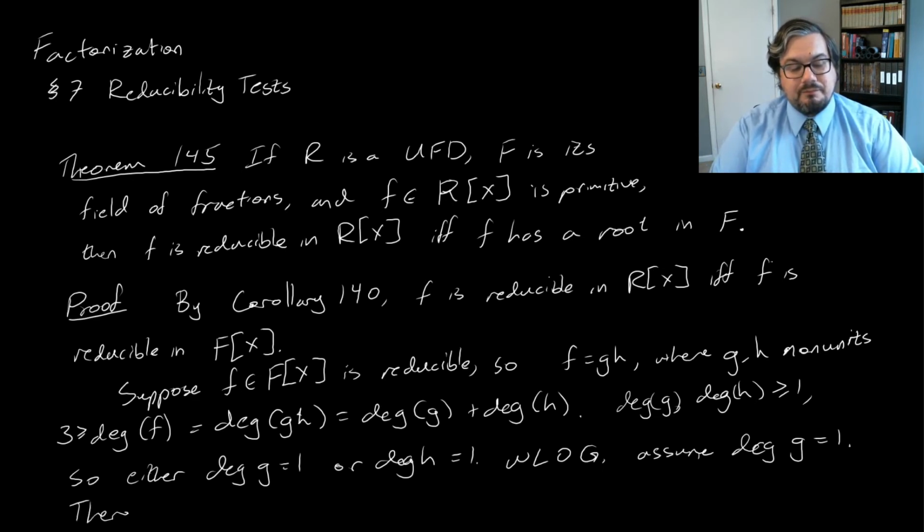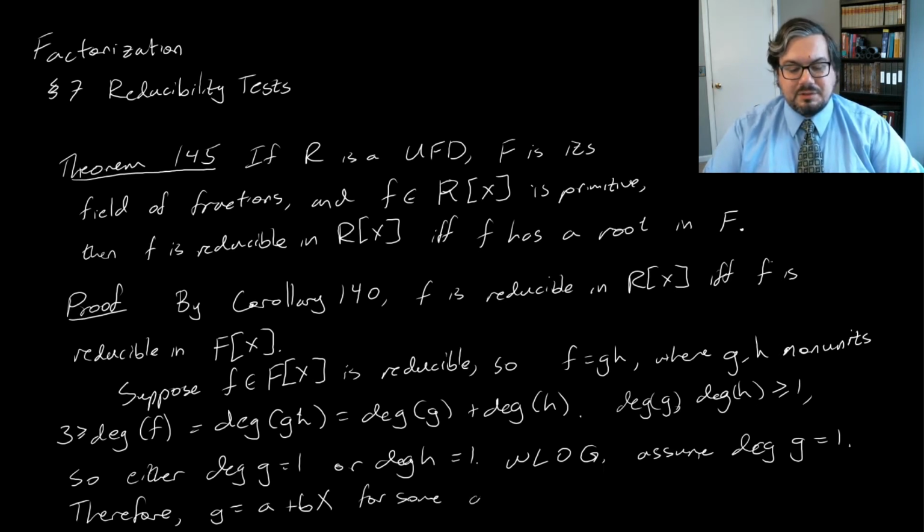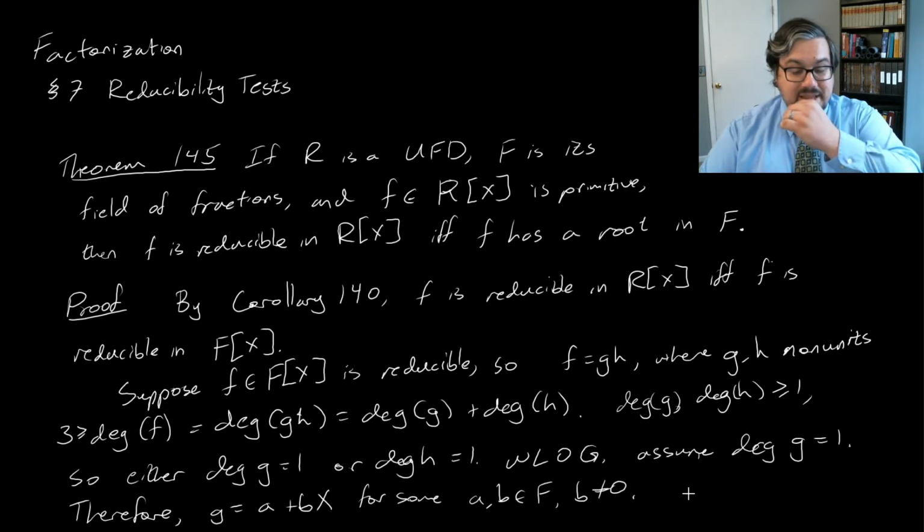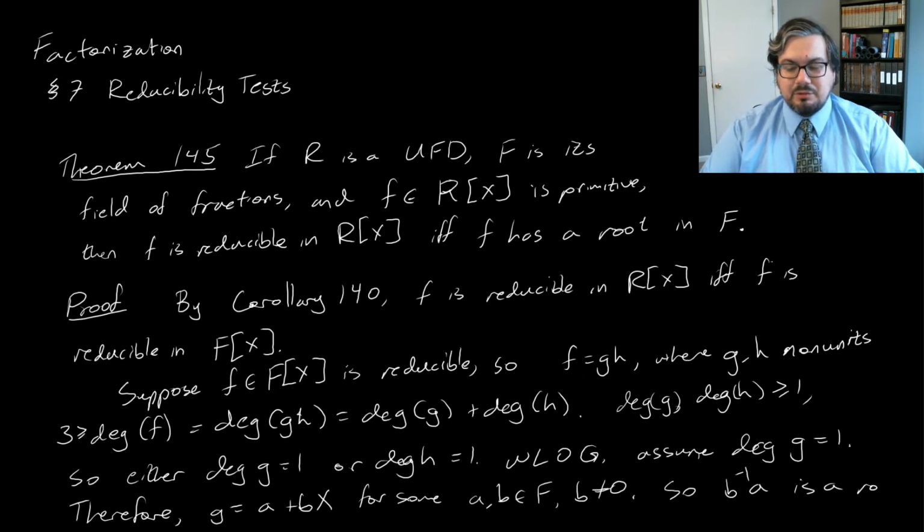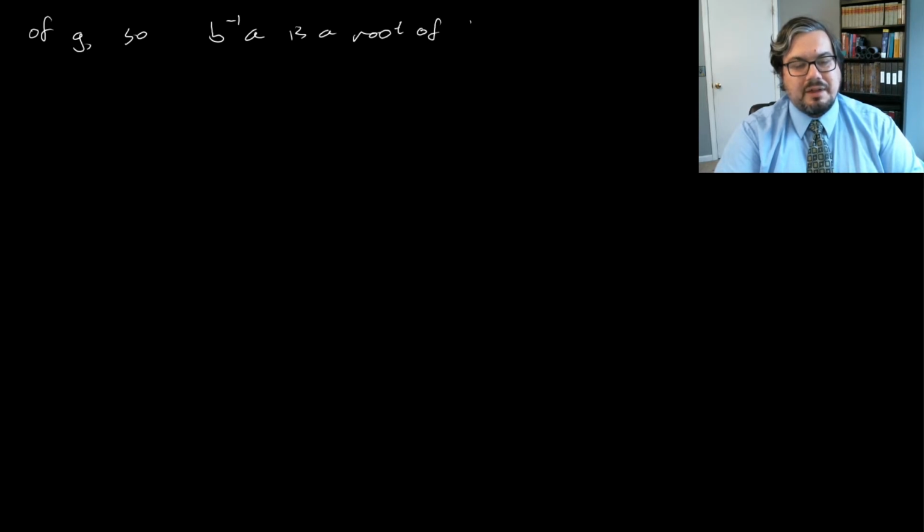Therefore, g equals a plus bx for some a and b inside F, where b is not equal to 0. But that means that minus b inverse a is a root of g, so it is a root of f.